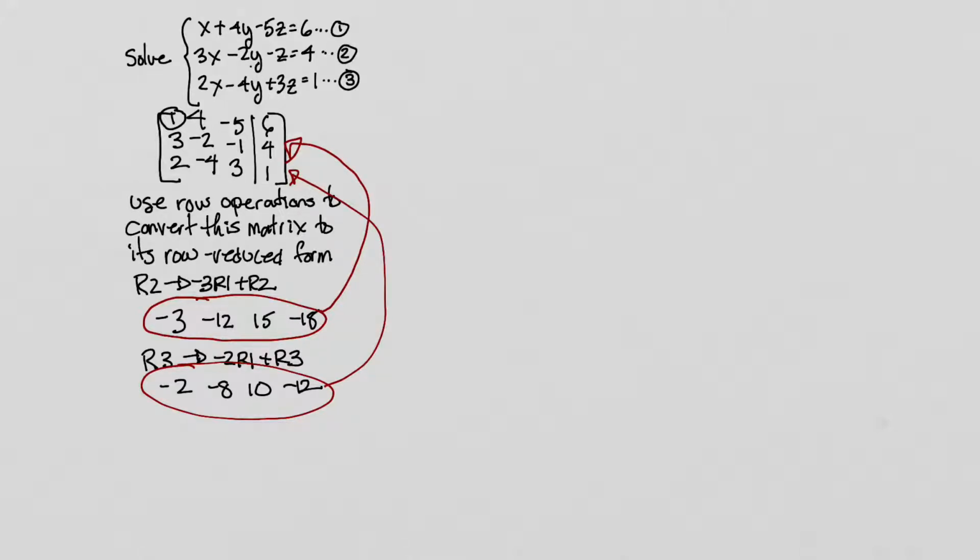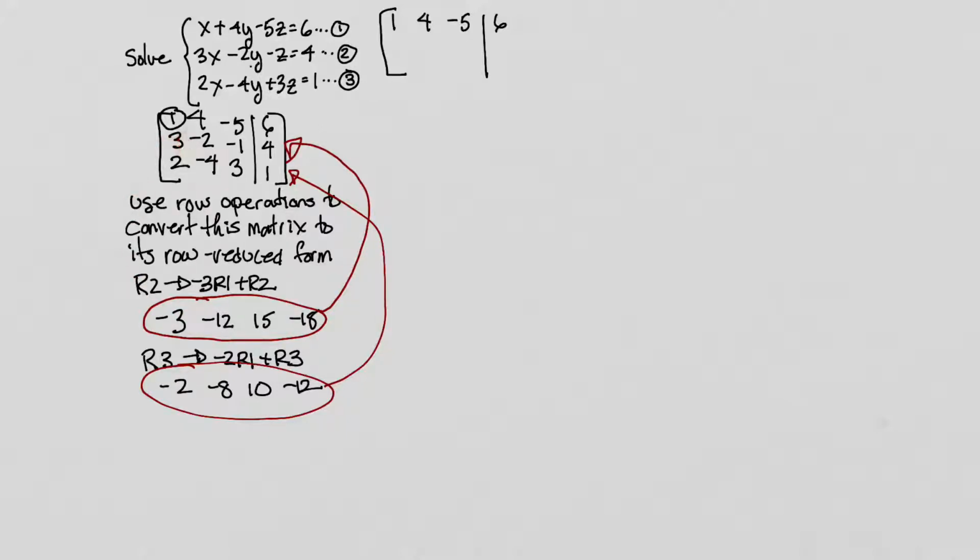So here's our next matrix. Let's open it up here. First row stays the same, 1, 4, -5, vertical line, and 6. But now what we're going to do is add this row here to this row. So let's do it. Let's add this to this.